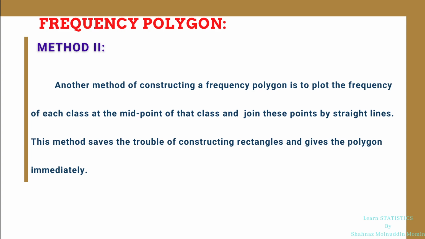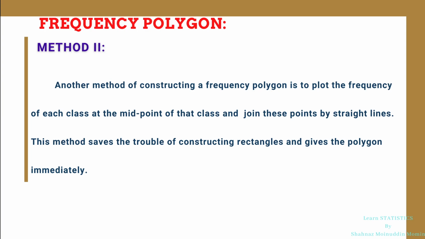We directly plot the frequency of each class at the midpoint of that class and join these points by straight lines. This method saves the trouble of constructing rectangles and gives the frequency polygon immediately. This method is easy and it is a time saver.